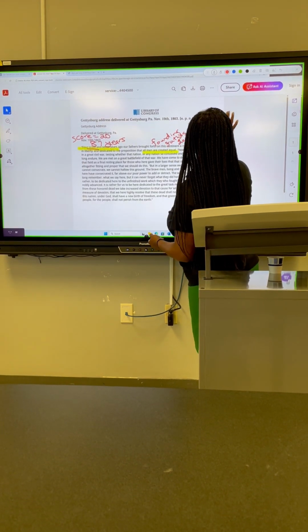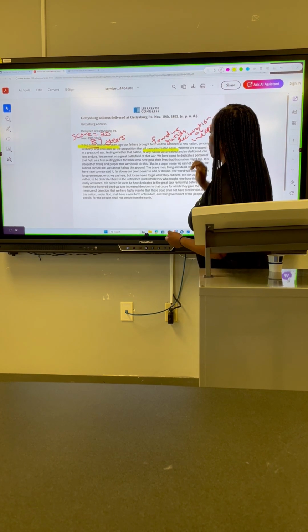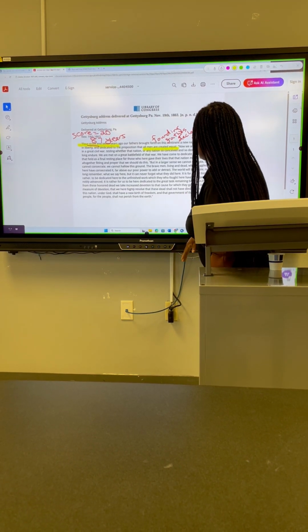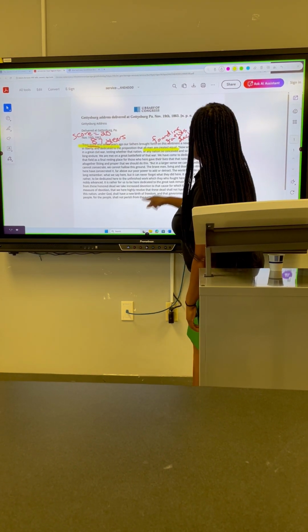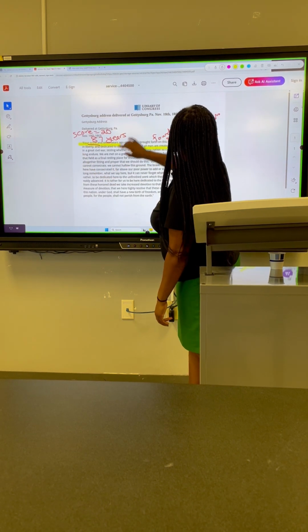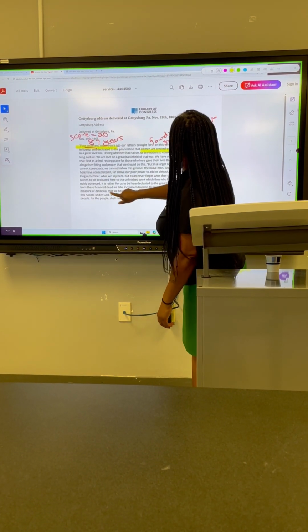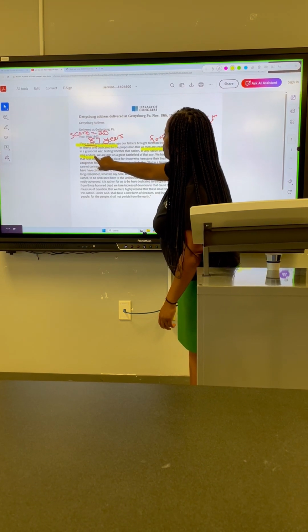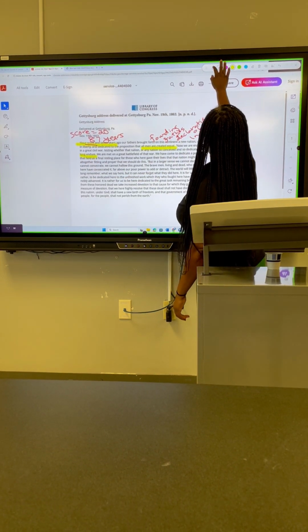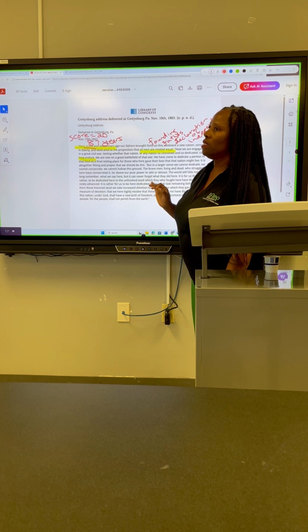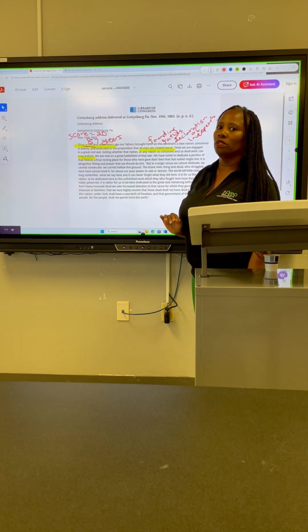Continue on to what we read in the first chunk. Let's look at long endure, and underline or highlight long endure. And so we know that this is a war fought for several years.